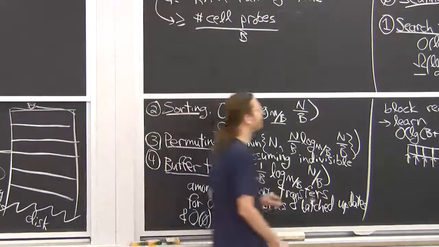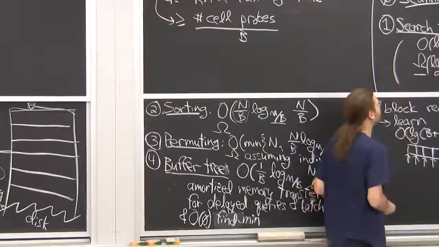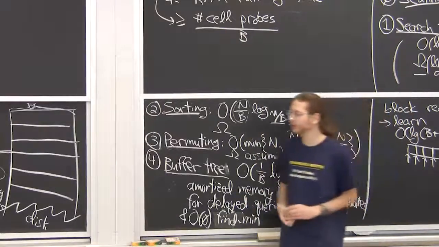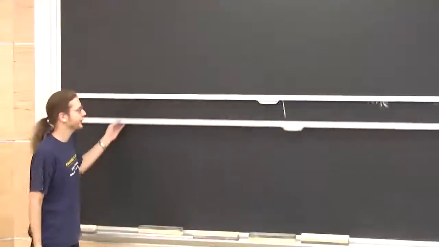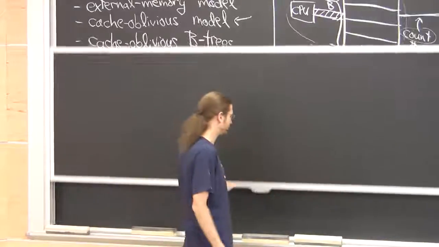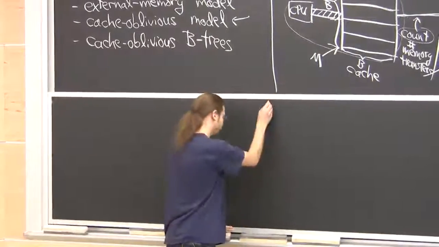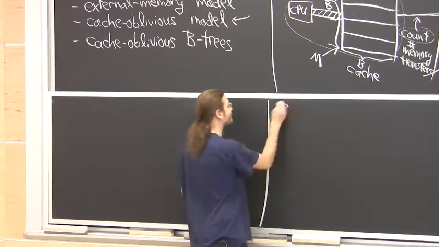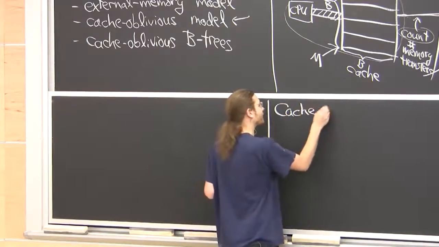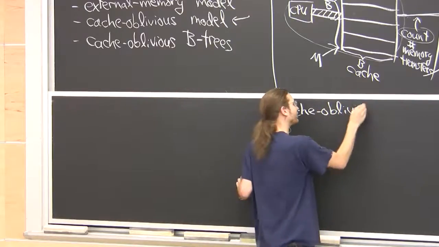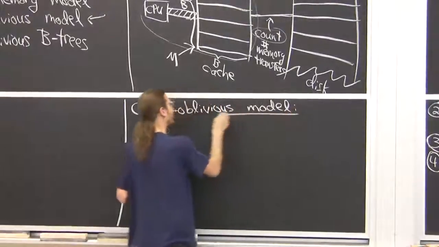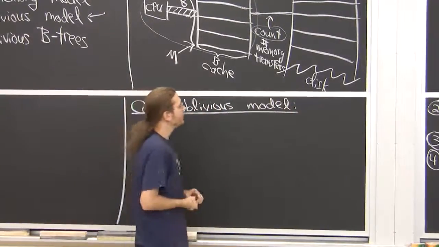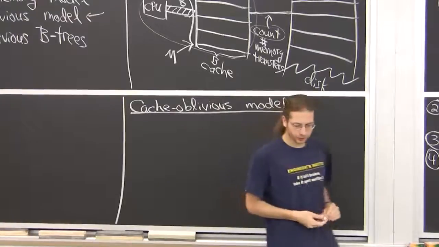Today's lecture is actually going to be about B trees, which seems kind of boring because we already know how to do B trees. But we're going to do them in another model, which is the cache-oblivious model. So let me tell you about that model. All right, so the cache-oblivious model is much newer.